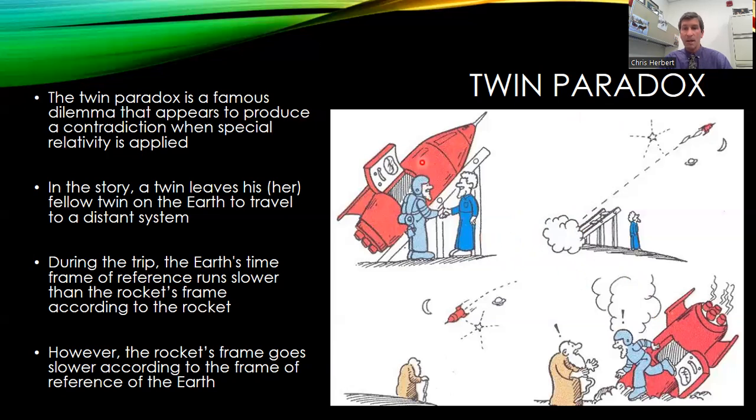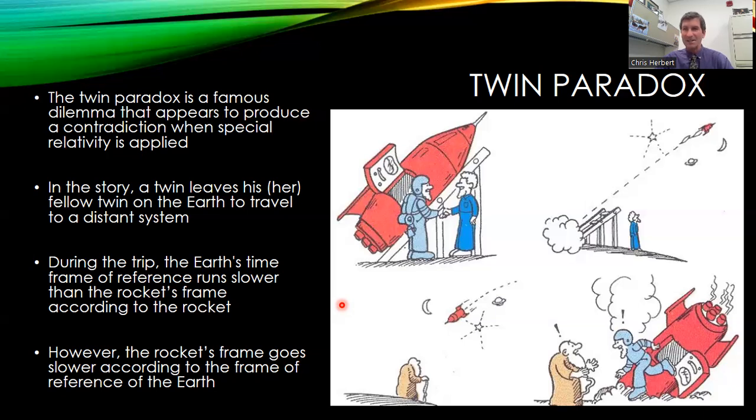In any case, this is an example where we hypothetically have near light speed travel. We're traveling to another system, back to our example of Alpha Centauri, for instance. In this case, two twins, one happens to be an astronaut, the other one happens to be the observer. The twins separate when the astronaut goes off to explore some other star system.